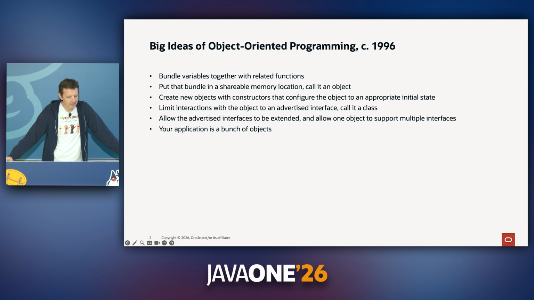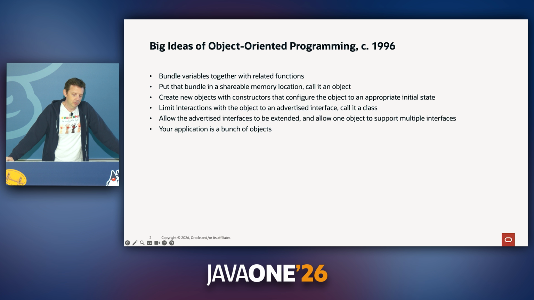So some key ideas: take your variables and bundle them together with some related functions. Then put that bundle in memory somewhere and share references to that location so different components of your program can refer to that same entity, and call that entity an object.